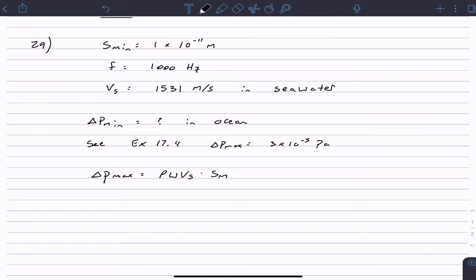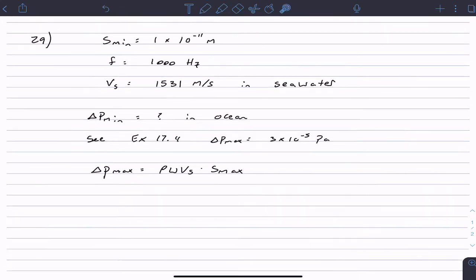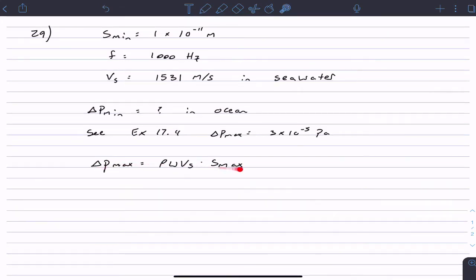times S max, where this is the largest amplitude you could hear. This is the speed of sound in air. This was the density of air, and this was the angular frequency of the oscillation of the wave, right? Now what we need to do is look up, so their problem was they wanted to find this in air, right?